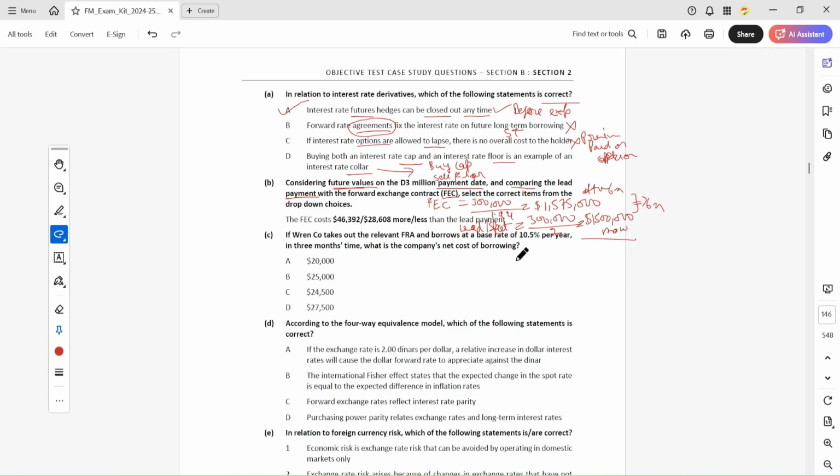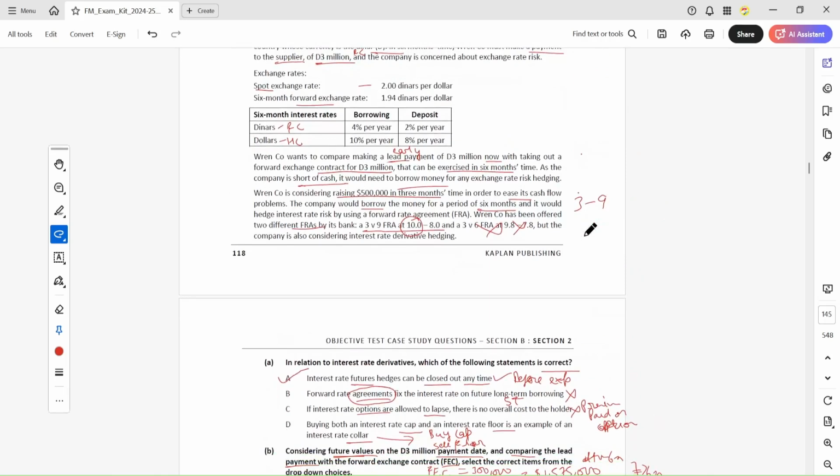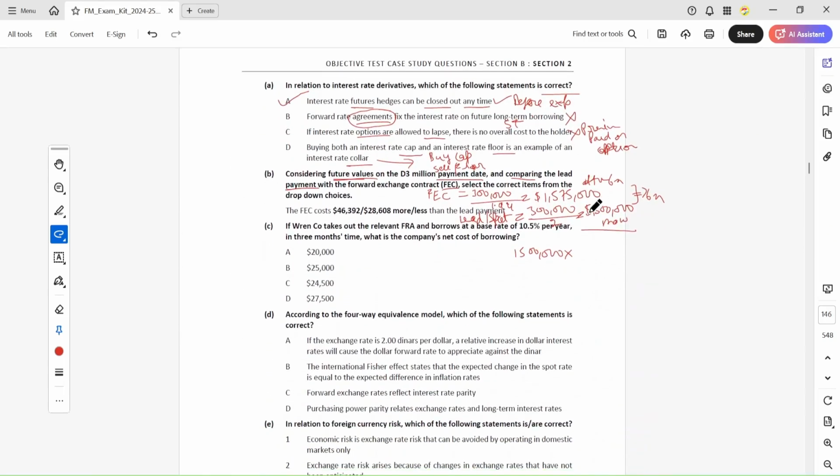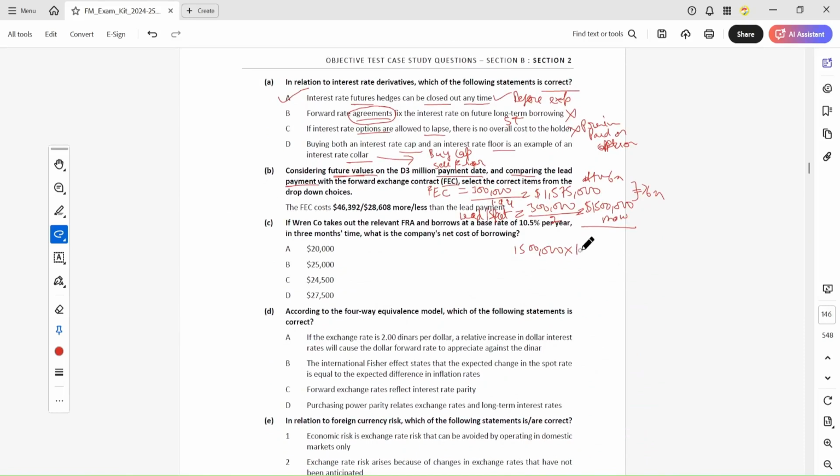So we have to deposit this at 10%, so we have to consider it a borrowing cost. Okay, so the borrowing cost for the 6 months. 1,575,000 minus 1,546,392.